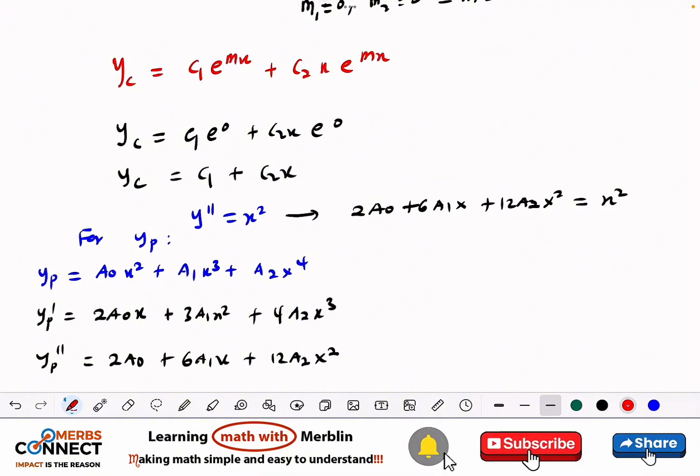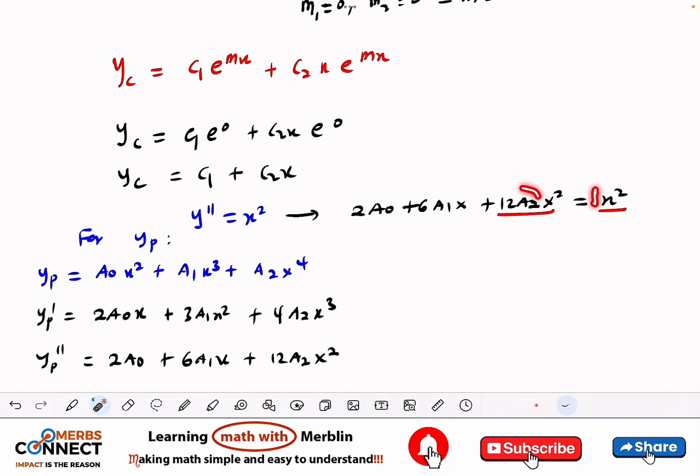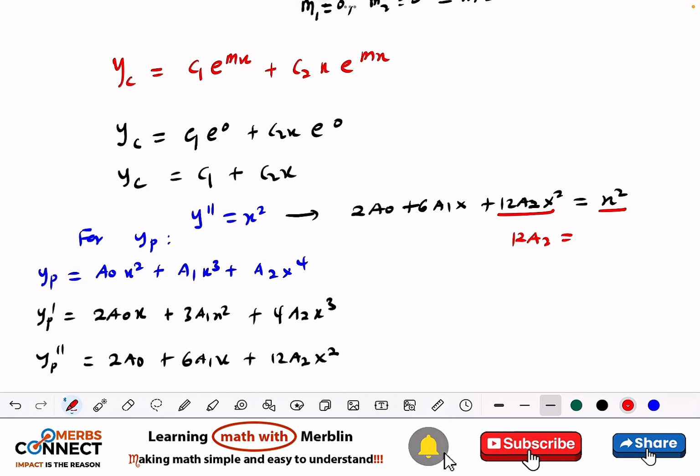So compare. The term with x squared is this. The coefficient of this is 1. The coefficient of this is that. So this is going to be 12a2 is equal to 1. And this is going to give us a2, which is equal to 1 divided by 12.